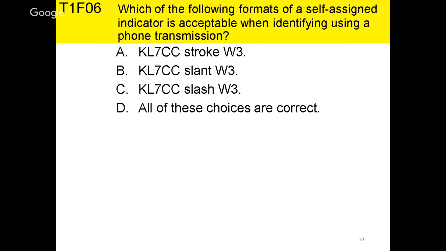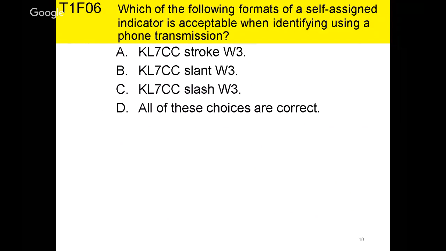Which of the following formats of a self-assigned indicator is acceptable when identifying using a phone transmission? One of the things about this, if you're traveling to a different call area, part of the reason for this is if you signed on with KL7CC, driving mobile down the road in the 3 call area, somebody might think you're actually driving up around Washington State, Oregon State, and think, ooh, I've got some DX going on here.